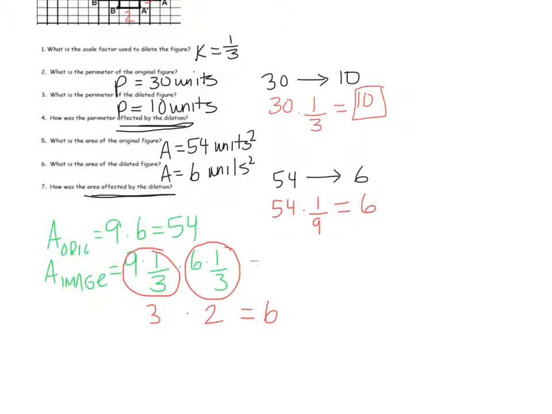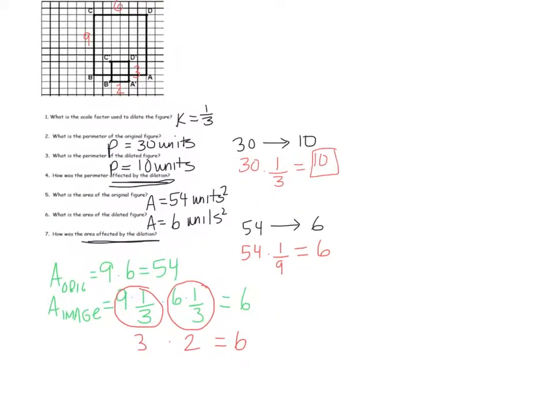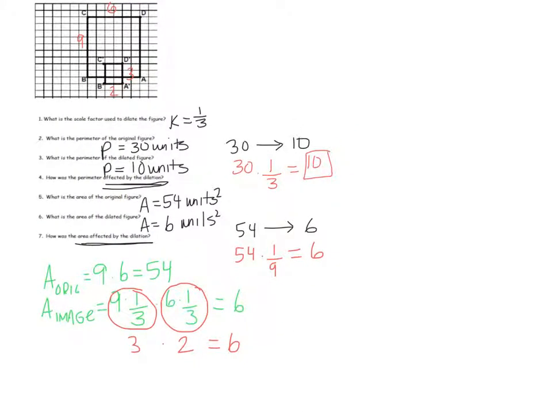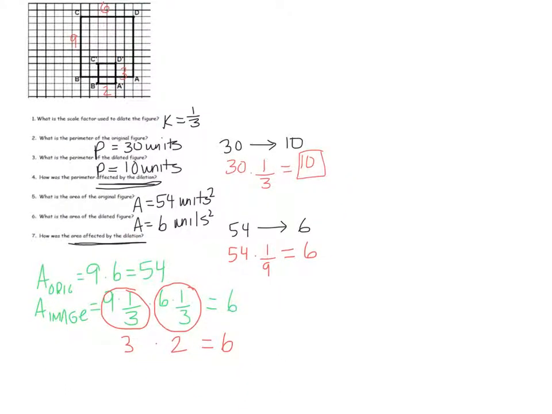So when I look at this 1/9, I know exactly where it came from. The 1/9 came from my scale factor twice: 1/3 times 1/3. So how was the area affected? It was the scale factor times itself, or k squared.